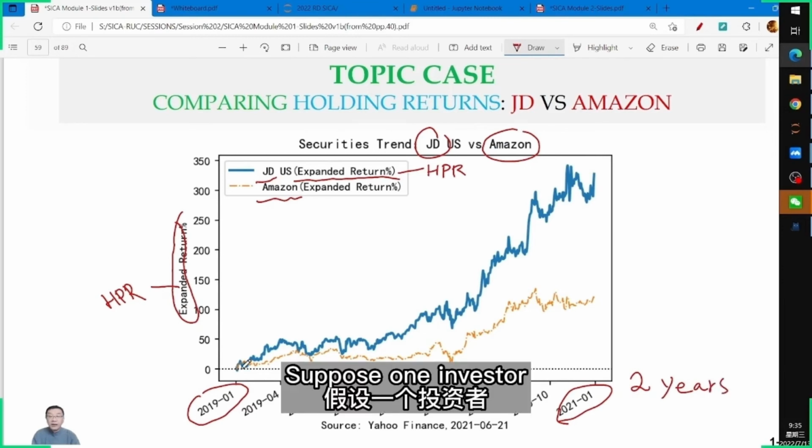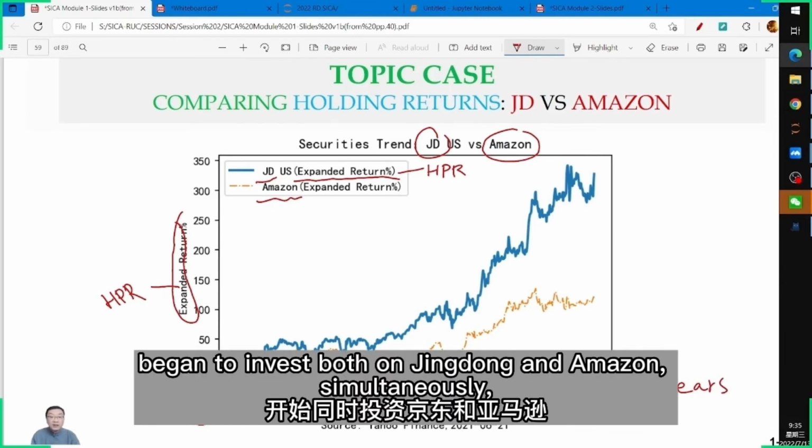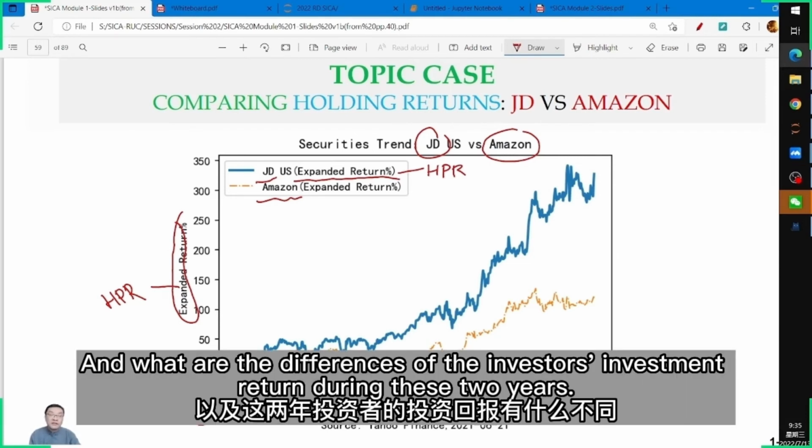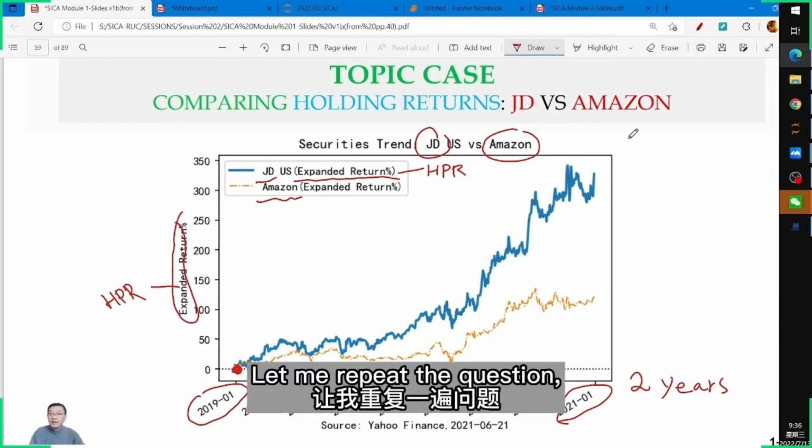Suppose one investor began to invest in both Jingdong and Amazon simultaneously. And what are the differences in the investor's investment return during these 2 years? Let me repeat the question.